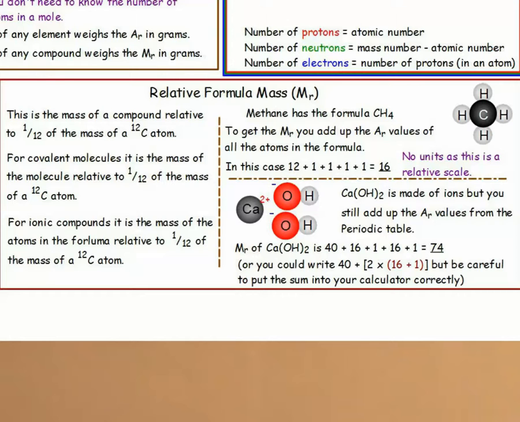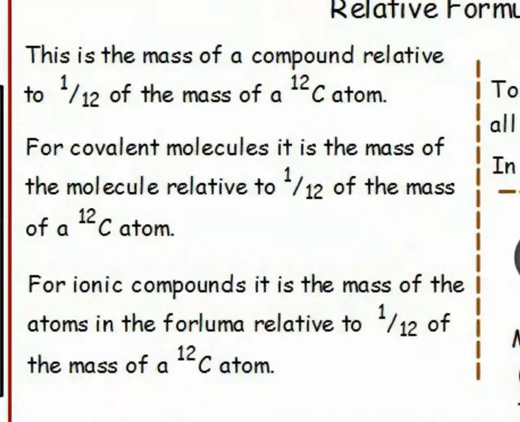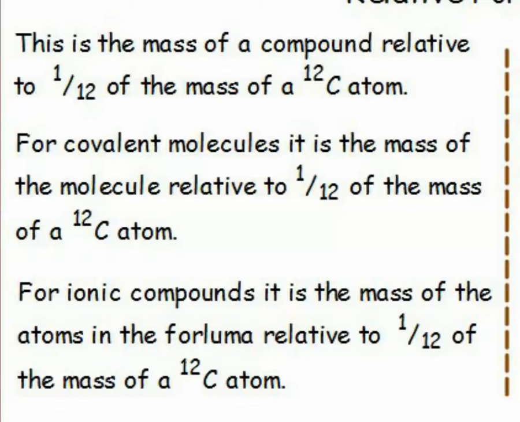Relative formula mass is the same, but for compounds. If you have a covalent compound, it's the mass of one molecule relative to 1/12 of the mass of one atom of carbon-12. If it's ionic, you just use the atoms given in the formula. You end up working both out in the same way anyway.